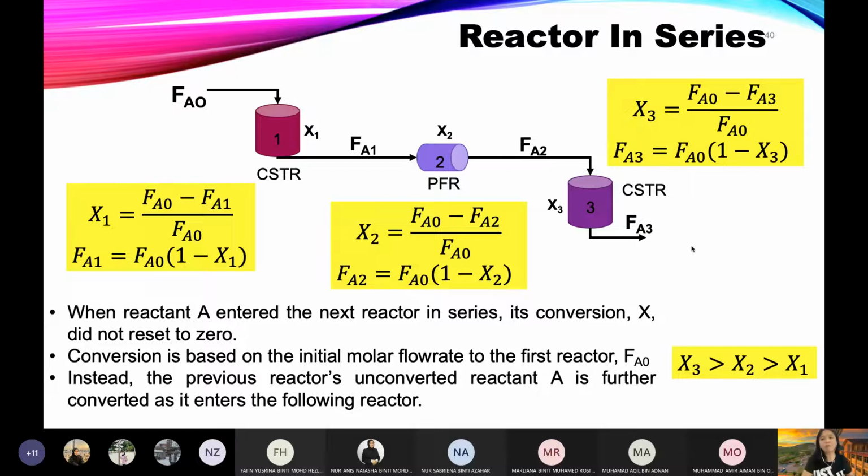So either PFR or CSTR, meaning the stream from the first reactor directly enters the second reactor. By doing this, you don't need to separate. You remove one process, just flow to the next reactor with the hope that the unconverted reactant will further react and more of this reactant will be converted into product.